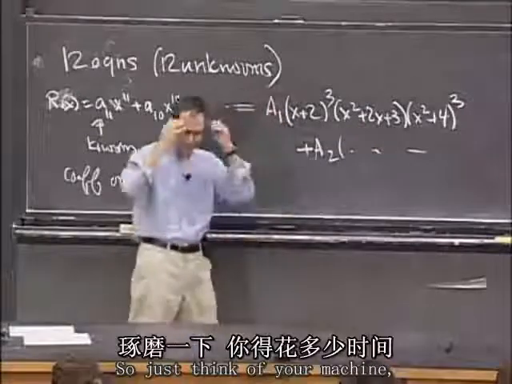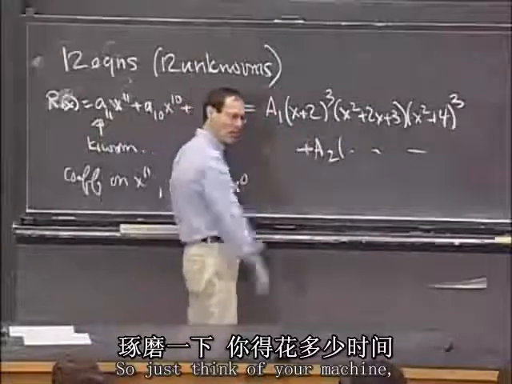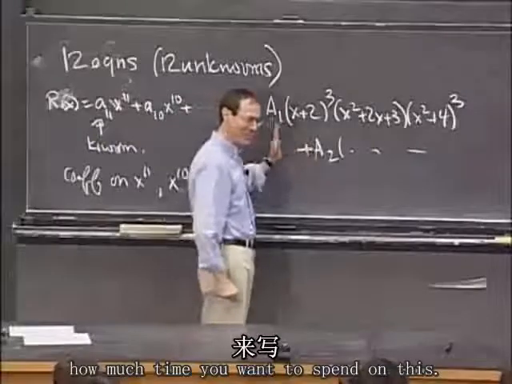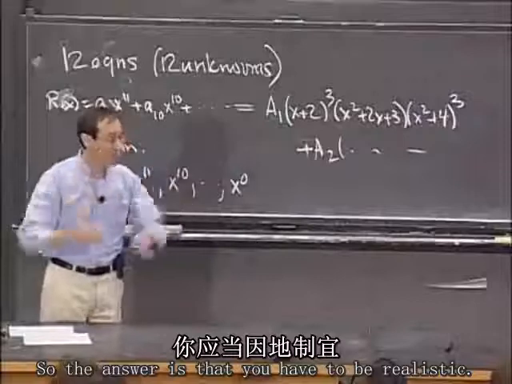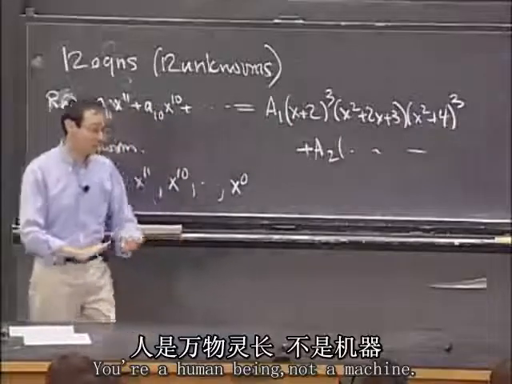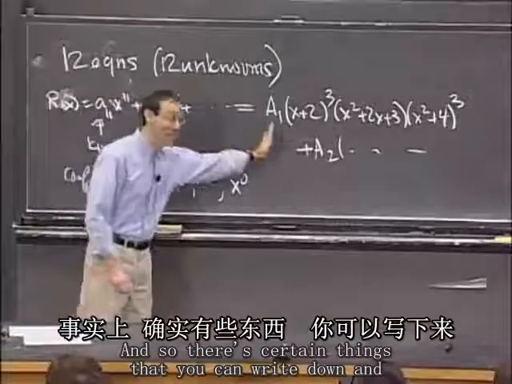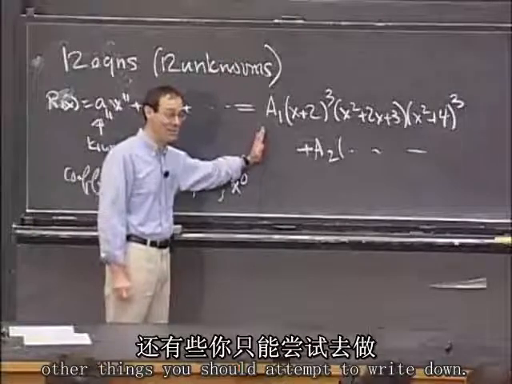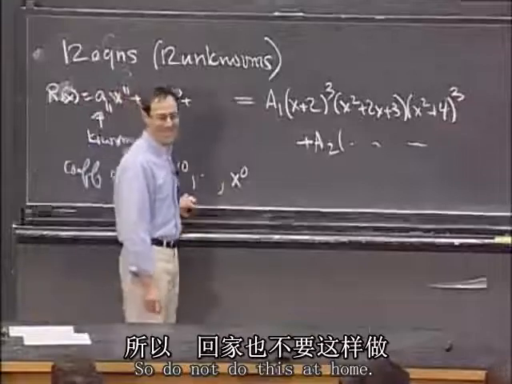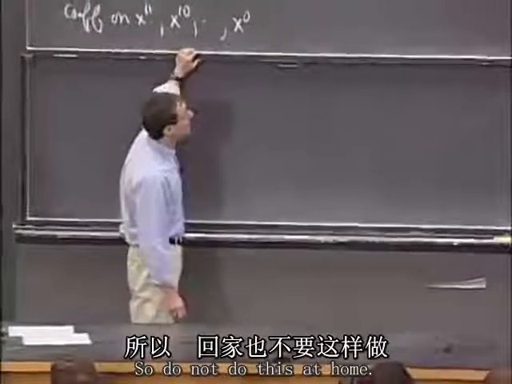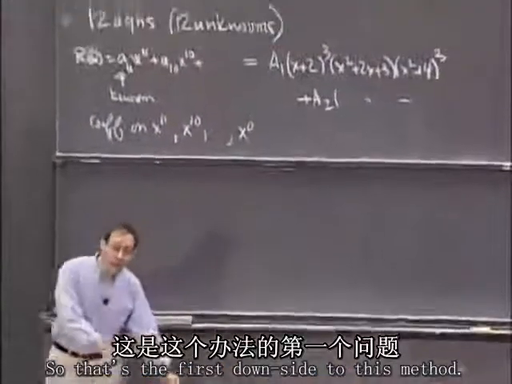So just think, if you're a machine, how much time do you want to spend on this? The answer is that you have to be realistic. You're a human being, not a machine. There are certain things that you can write down and other things that you should not attempt to write down. So do not do this at home.